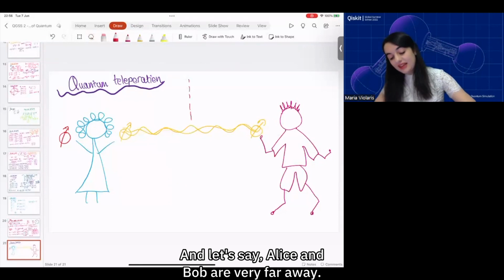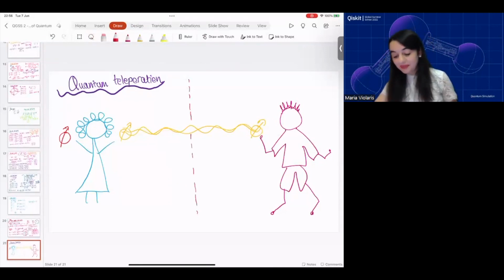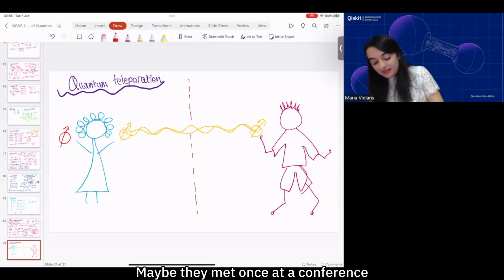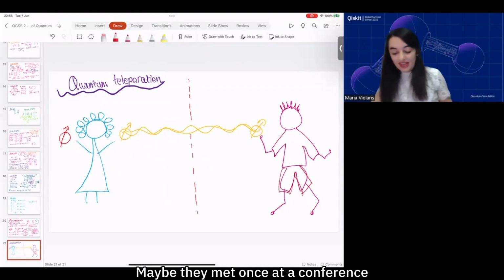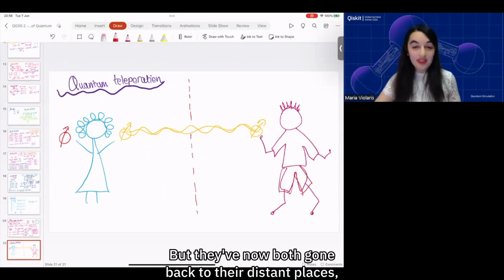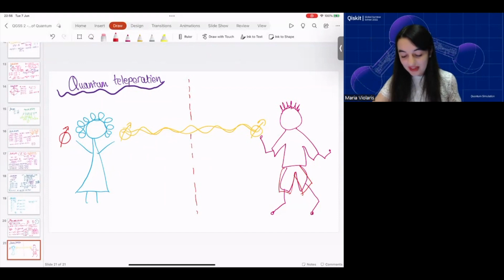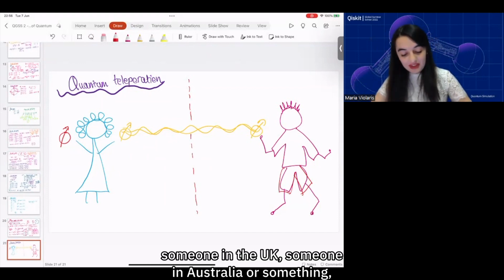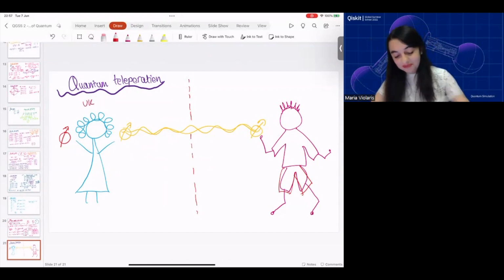And let's say Alice and Bob are very far away. Maybe they met once at a conference and then started a research collaboration, but they've now both gone back to their distant places, someone in the UK and someone in Australia or something.